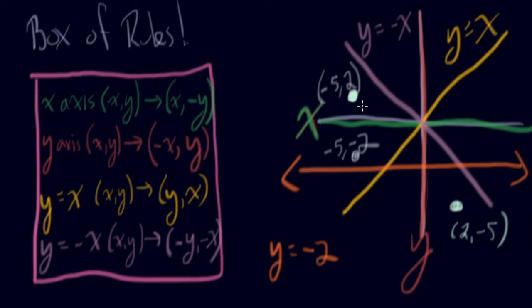Using that same point (-5, 2), I'm going to reflect across that purple line. It's going to end up about here. We flip these and change the signs, so it'll be at (-2, 5).